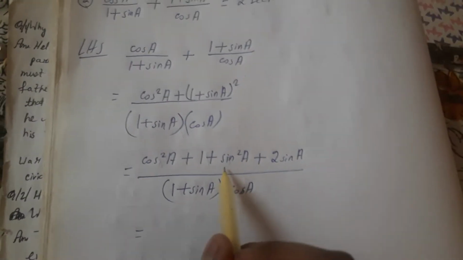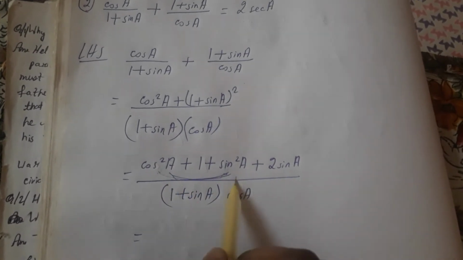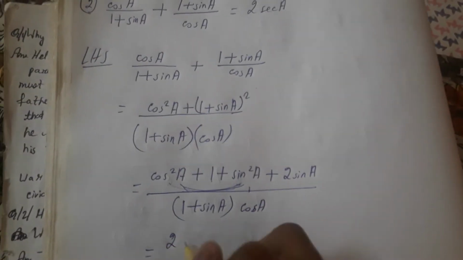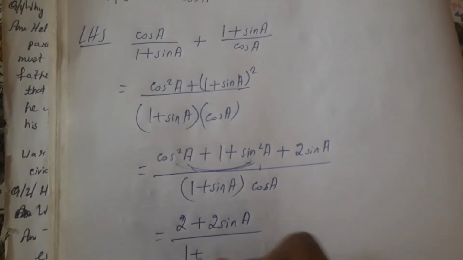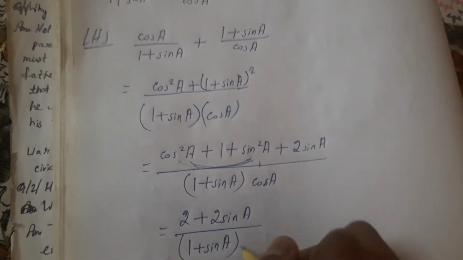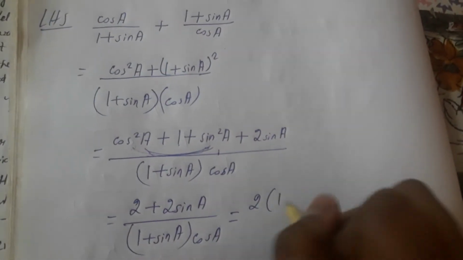Now see, sin square a plus cos square a is equal to 1. So 1 plus 1 is equal to 2, and here also plus 2 sin a, divided by (1 plus sin a) into cos a, which is equal to 2 into (1 plus sin a).